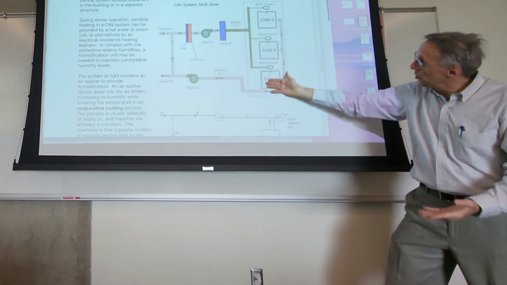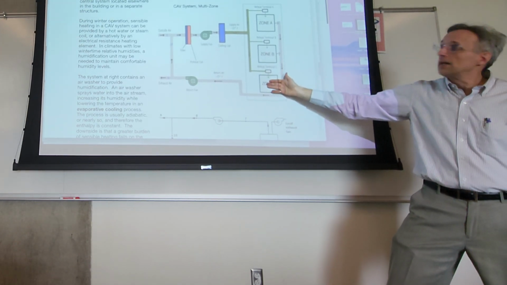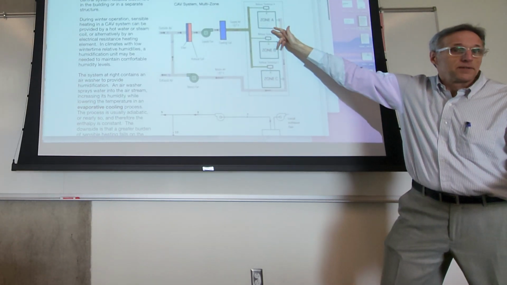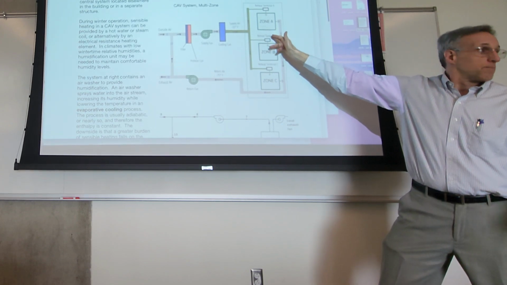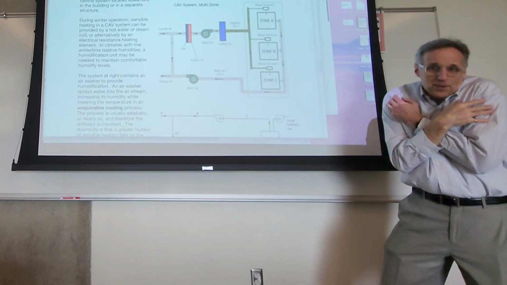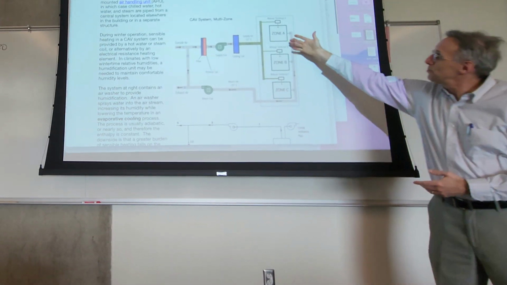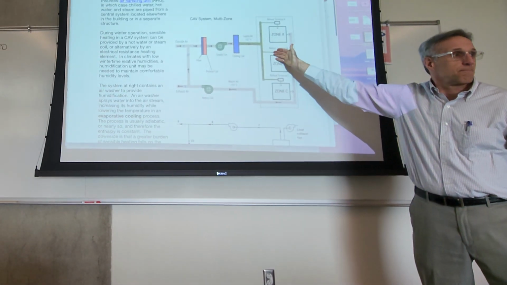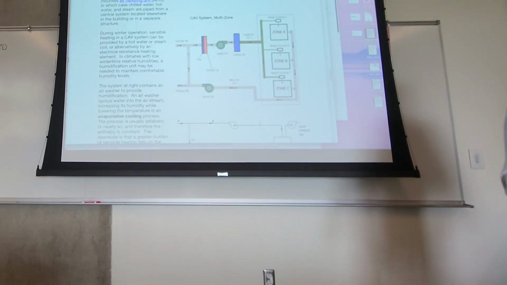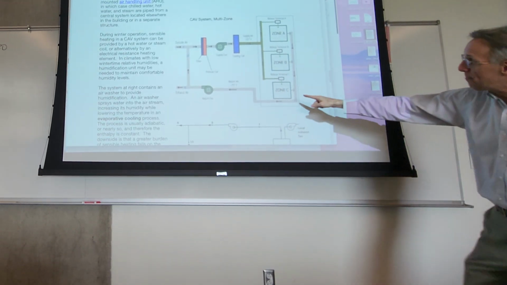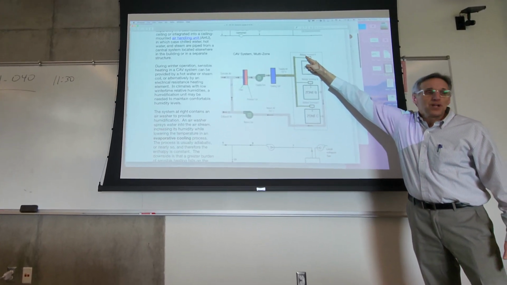Now what's going to happen? Okay, zone C has the greatest demand for cooling. What's that going to do to zone A and B? It'll be cold, right? Keep the zone C people happy. These people are going to be wearing sweaters. So what do you have to do? Well, you've got to keep these people happy. So reheat.